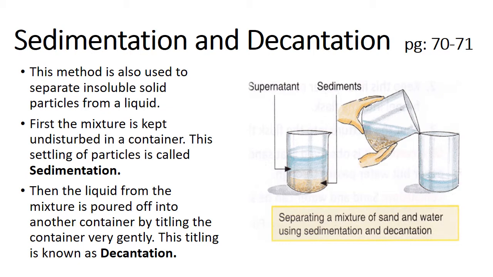Tilting means to turn a little. Tilting the container in this way, the solid particles will be left in this container, and all the liquid you can gather in this container. This process is known as decantation. So through sedimentation and decantation you can also separate insoluble solids from a liquid.